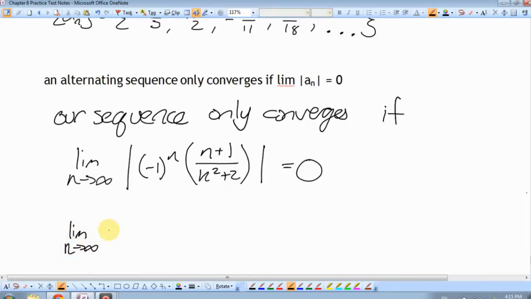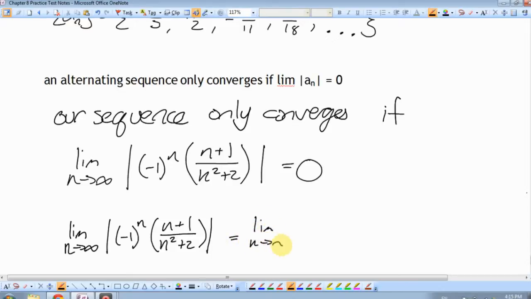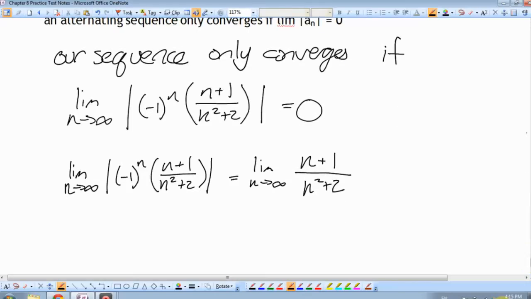Limit as n approaches infinity of the absolute value of (-1)^n times (n plus 1) over (n squared plus 2). Didn't we just write that? That's equal to the limit as n approaches infinity of... that -1, basically, if we just get rid of it, we've created the absolute value of the sequence.